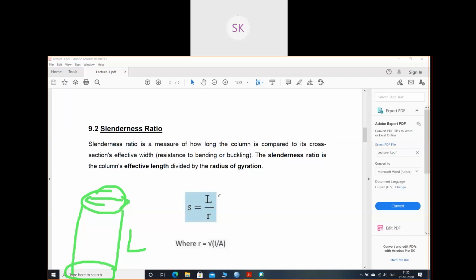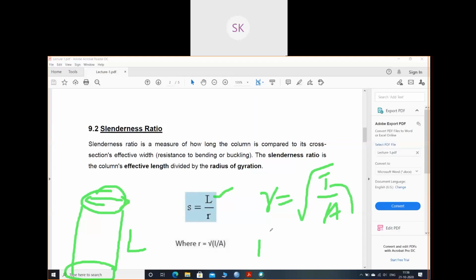So this is the effective length. There is also one more term, effective length. For different loading and support conditions, there will be different effective lengths. So slenderness ratio is the effective length of the column divided by the radius of gyration.